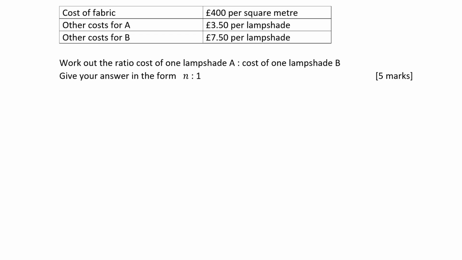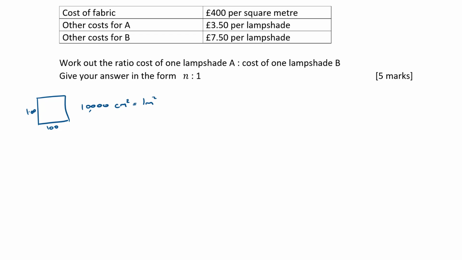352 pi square centimeters. How many square centimeters make 1 square meter? There are 100 by 100, aren't they? So 100 times 100 is 10,000. So there are 10,000 square centimeters in 1 square meter. That's our conversion rate.